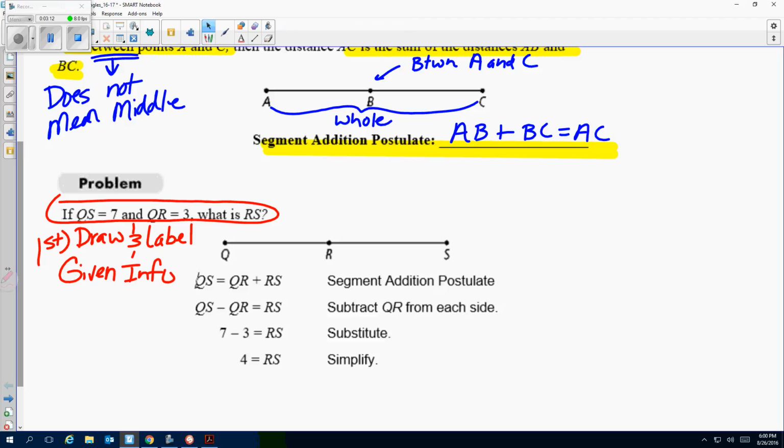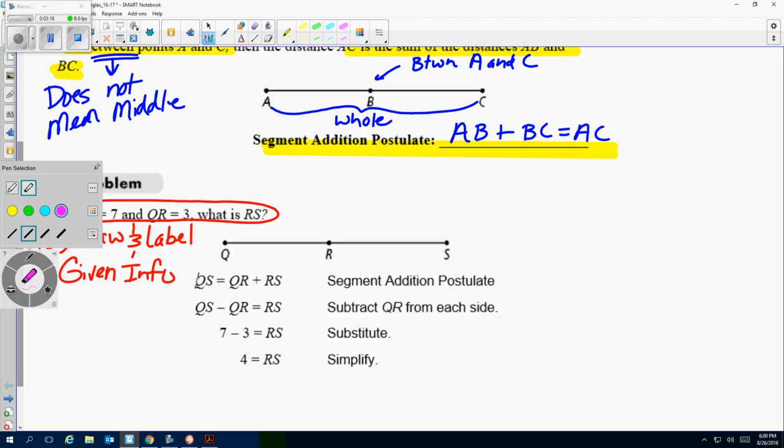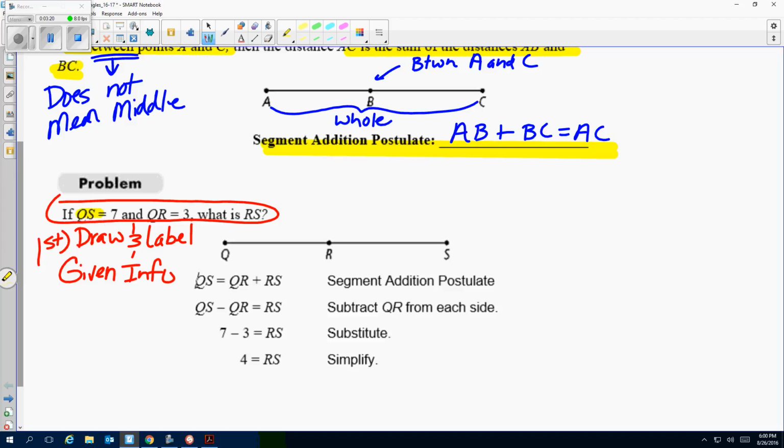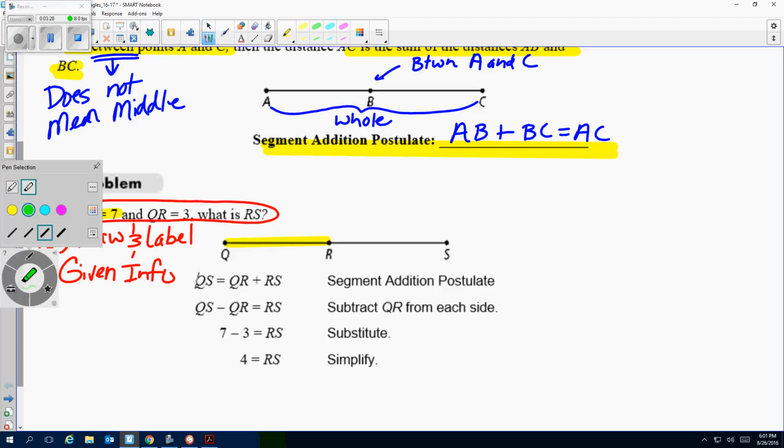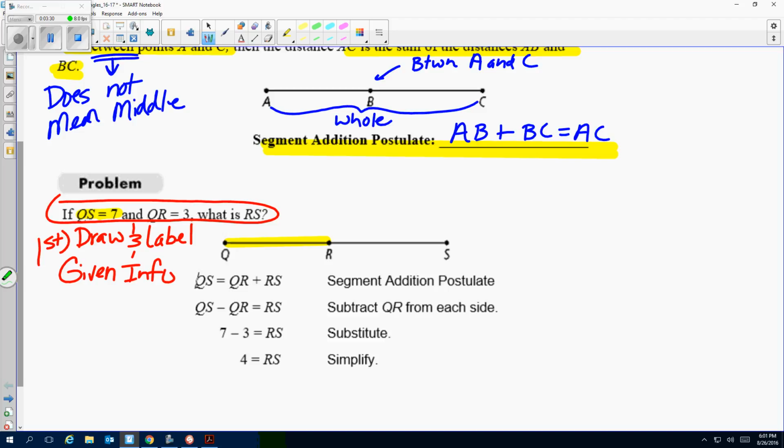If I start with what was given here, I'm going to use some highlighters, and if you can, you can. If you can't, I understand. So I have first QS, so I'm looking at this segment here. And then I also have the segment QR.